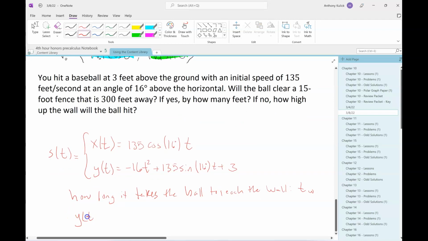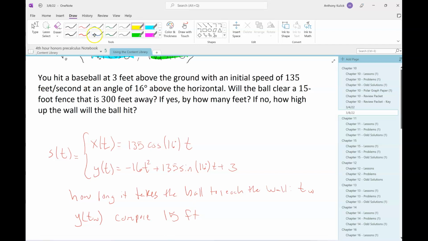And then I'll just take Y of TW and compare that to the 15 feet. And I should be able to tell if the ball clears the wall or not, and then like how high up the wall it would hit. Does that make sense to you guys?